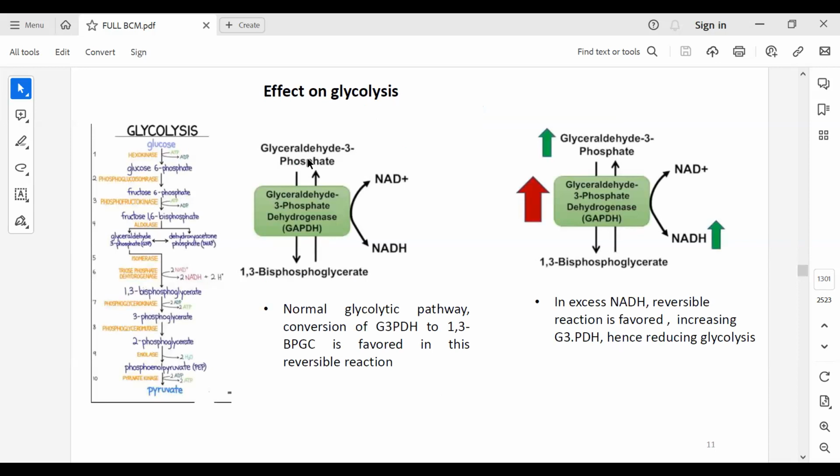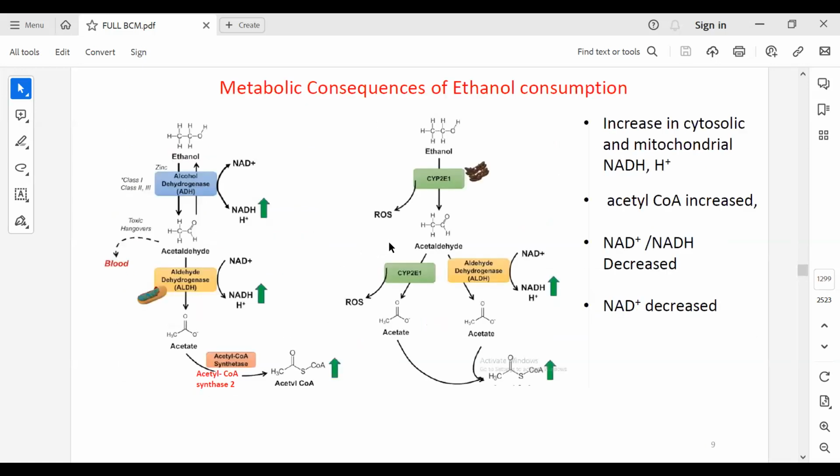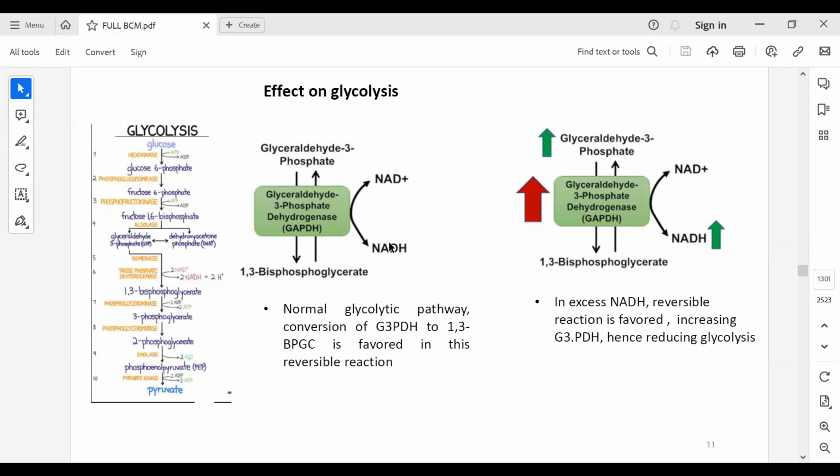You can see here that glyceraldehyde 3-phosphate is converted into 1,3-bisphosphoglycerate, and this is occurring in glycolysis. And remember that we have increased NADH and decreased NAD+.